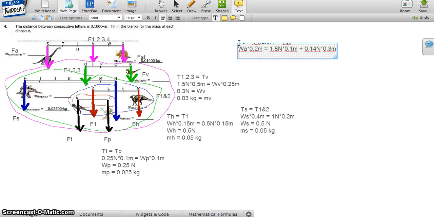So now we can go ahead and calculate this. And we get a weight for the apatosaur equal to 1.11 newtons, which means the mass of the apatosaur is equal to 0.111 kilograms.